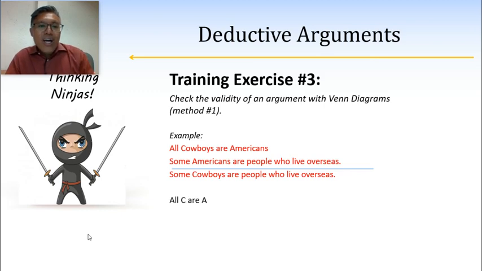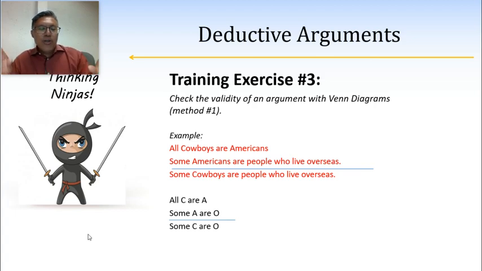So all Cowboys are Americans, I will simplify into all C are A. Some Americans are people who live overseas. I'll rewrite that and simplify it as some A are O. Some Cowboys are people who live overseas. I will rewrite that, and remember, we have to be consistent with how we label our categories. So I will rewrite that as some C are O. Okay, so three terms, C, A, O, and you can see the syllogism.